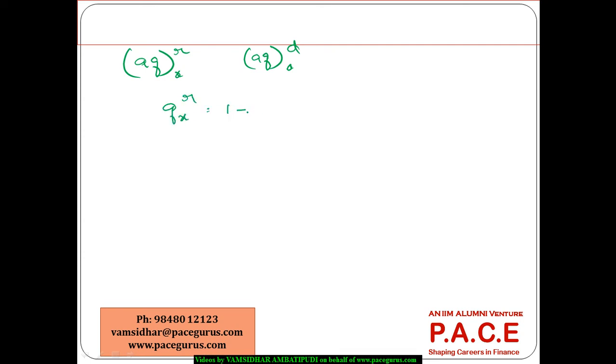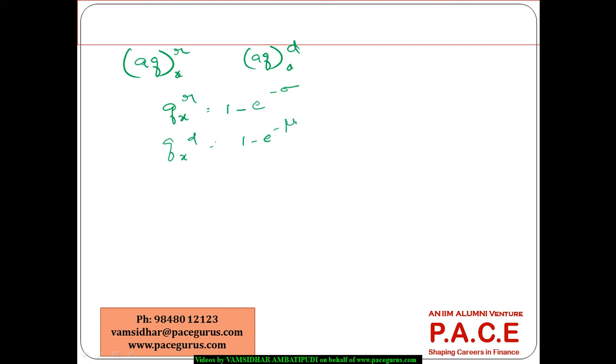If I am talking about qx of R, I am only talking about the decrement that is coming from R, I'll take it as 1 minus e to the power of minus sigma. Similarly, qx of D, I'll call it 1 minus e to the power of minus mu.